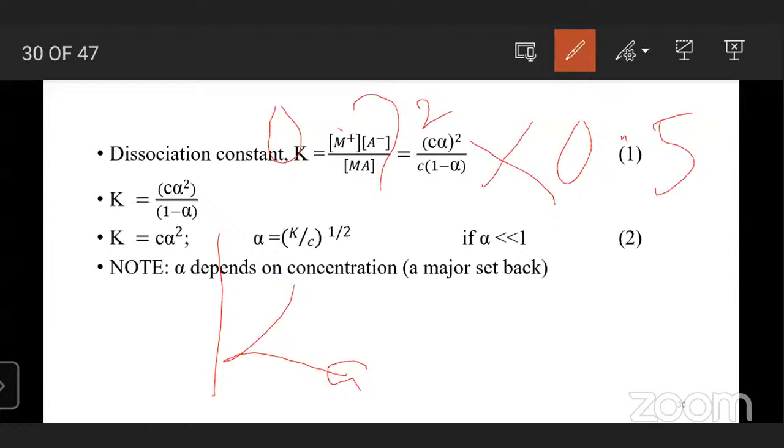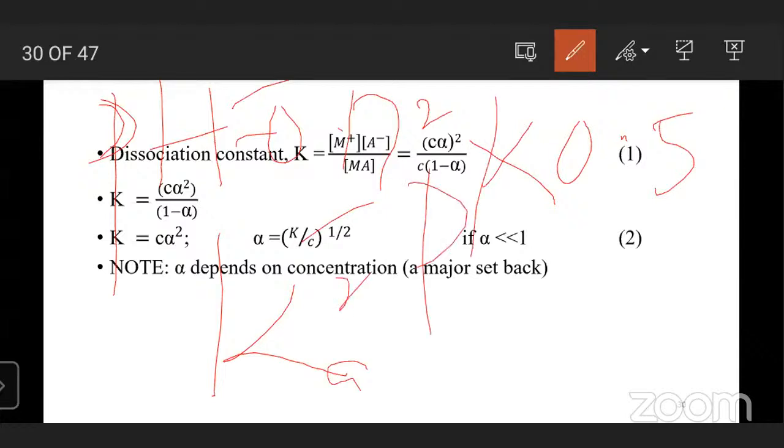Then you can start looking for the expression that relates the pH of the weak electrolyte, or maybe the pH of a weak acid, to the Ka, and also the log of the concentration that you are working with.